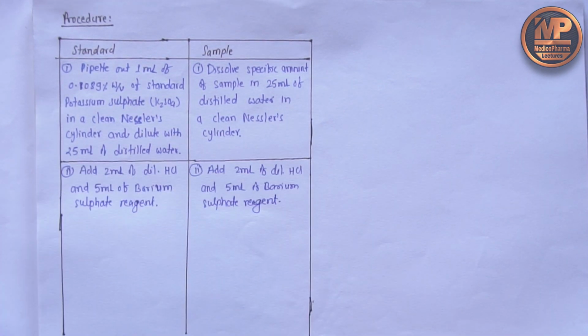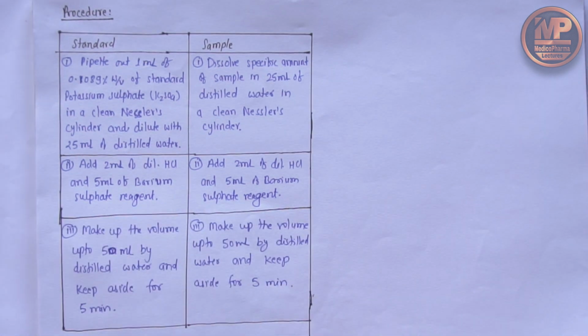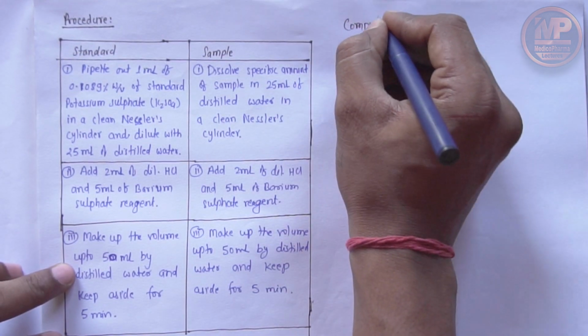Okay. In next step, add 2 ml of dilute hydrochloric acid and 5 ml of barium sulfate reagent in both of the Nessler cylinders. Okay. Now, in last step, make up the volume up to 50 ml by distilled water and keep aside for 5 minutes. Okay. So this is the procedure.